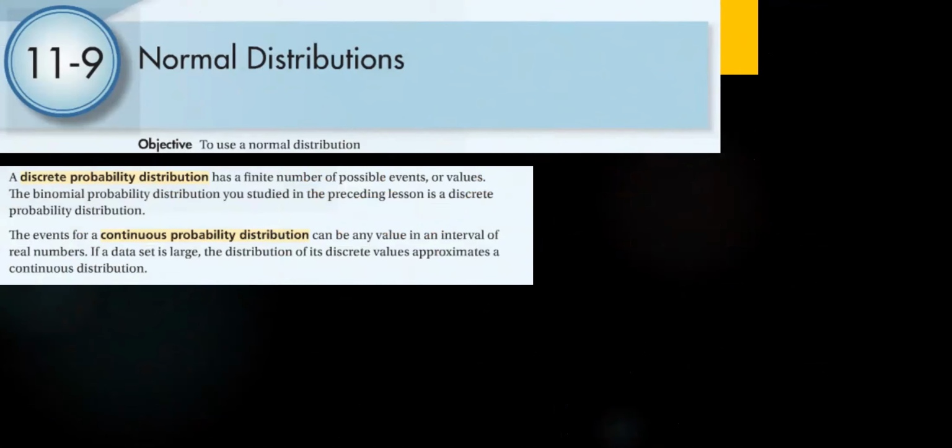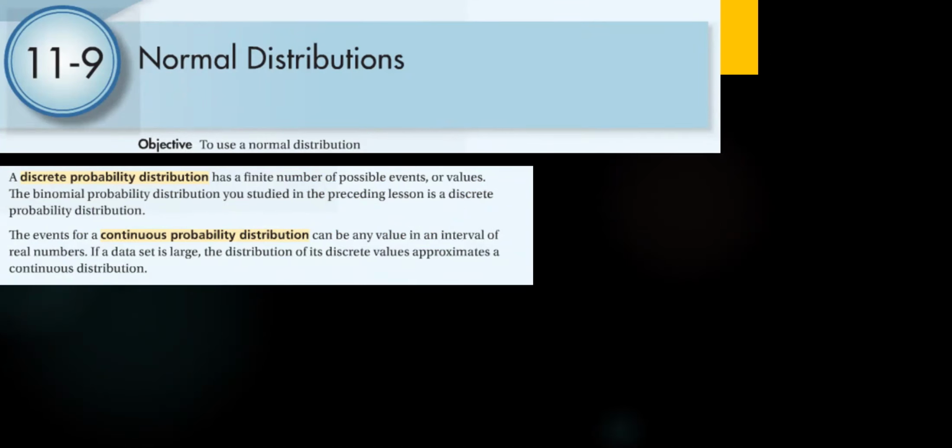Now, we have two types of probability distribution, discrete and continuous. Discrete, I'm talking about possible events. For the discrete probability distribution, what does it mean?